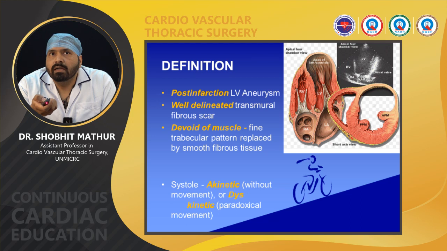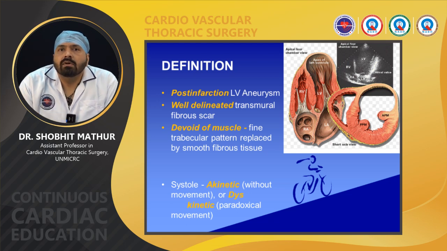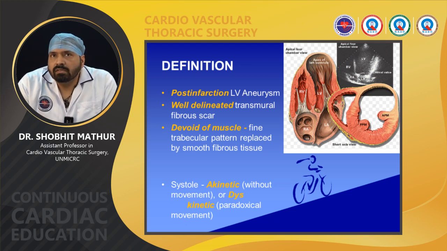There is no muscular pattern here. So this is what an LV aneurysm is: post-infarction, it develops after MI, well delineated, well demarcated, totally devoid of muscle tissue. And on doing a 2D echo, we will be able to see the akinetic or dyskinetic movement of this aneurysm, which we'll see further.